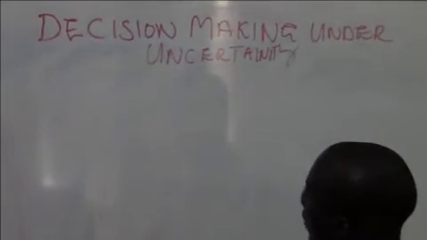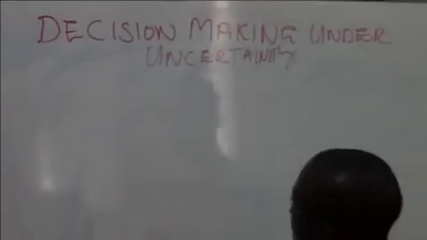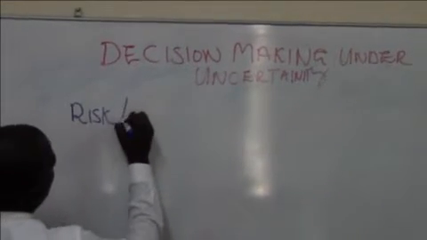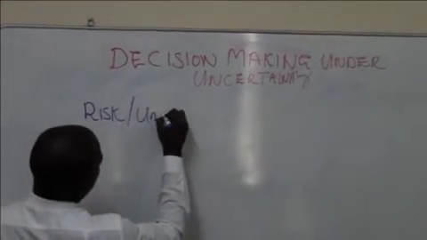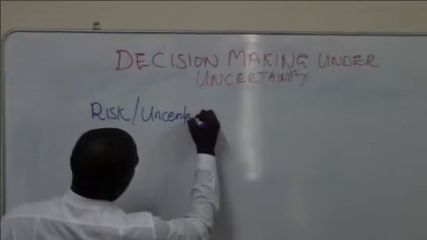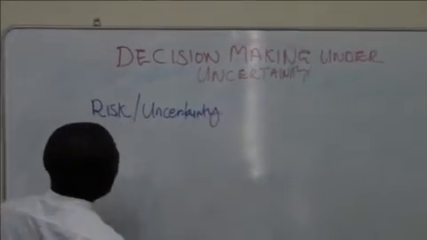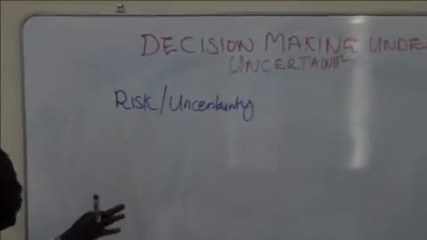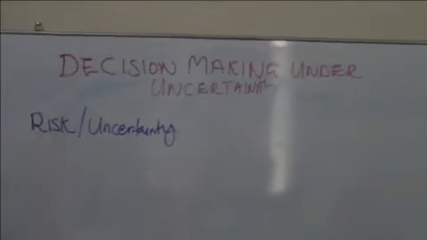During this lecture, we're going to consider three major things. Number one, we're going to look at risk on one aspect and uncertainty on the other. We're just going to get a definition of both and appreciate the difference between risk and uncertainty.